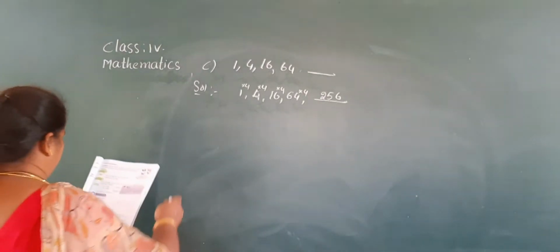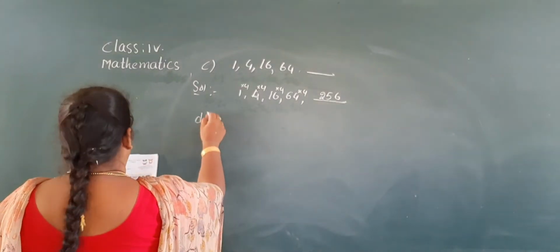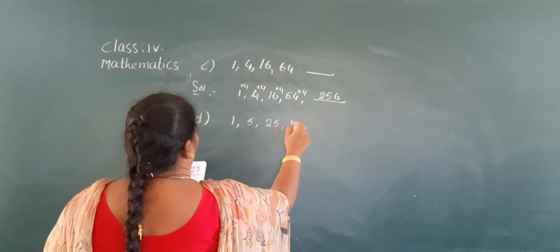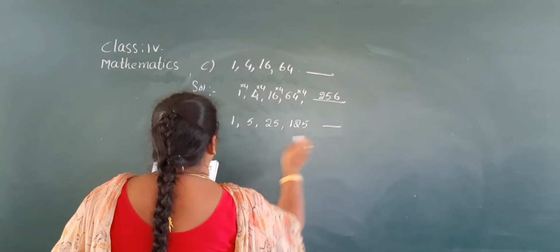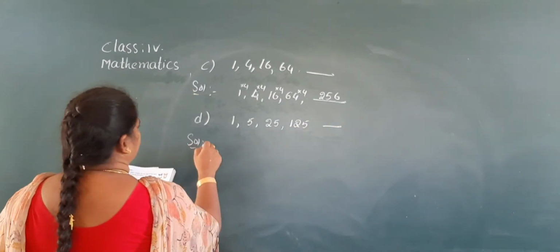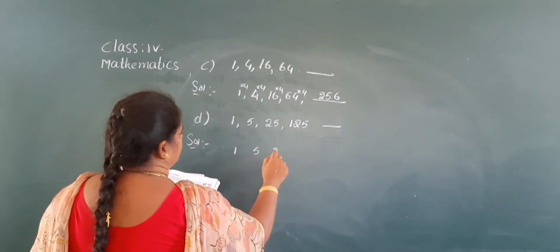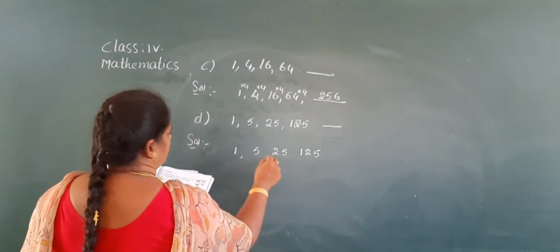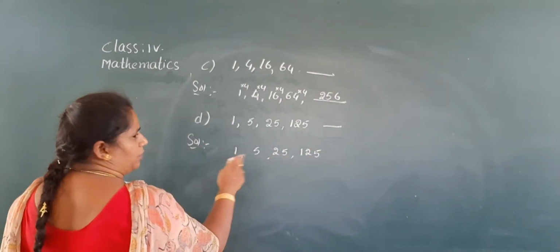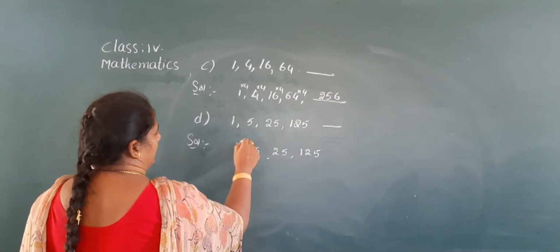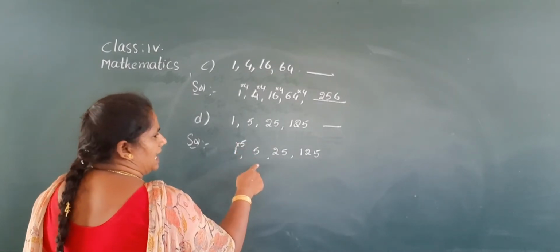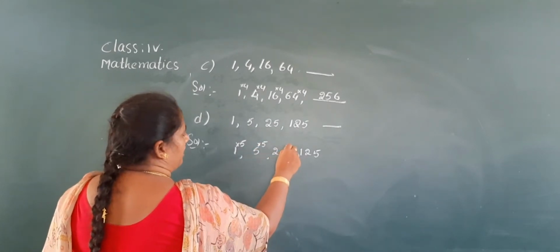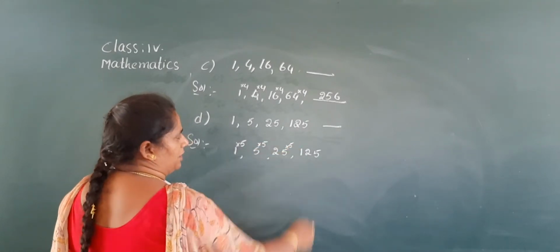And next one, D. 1, 5, 25, 125, dash. Come on, note down the pattern first. Next you multiply, Nana. Which number you have to multiply to get from 1 to 5? Yes, multiplied by 5. 1 5s are 5. 5 5s are 25. 25 is multiplied by 5, we get 125.